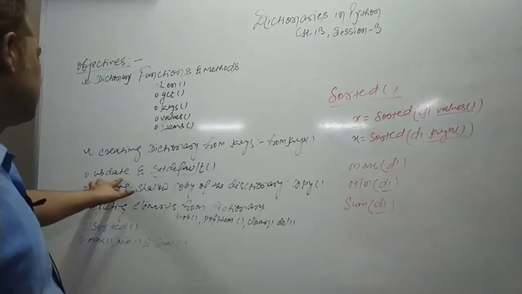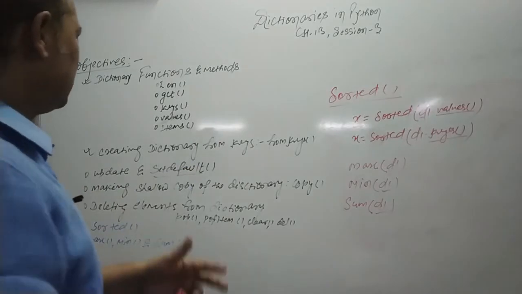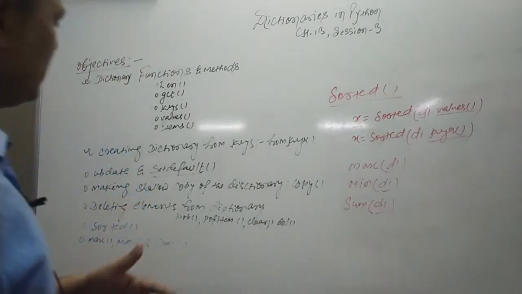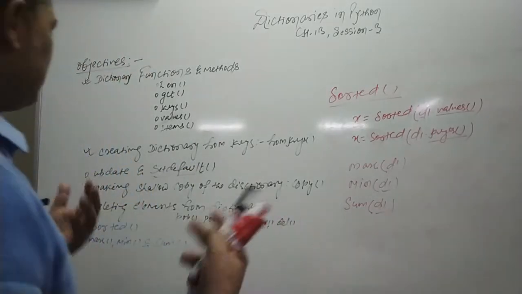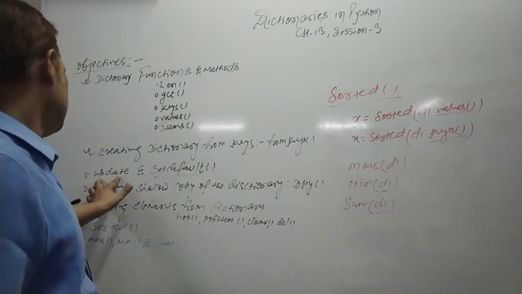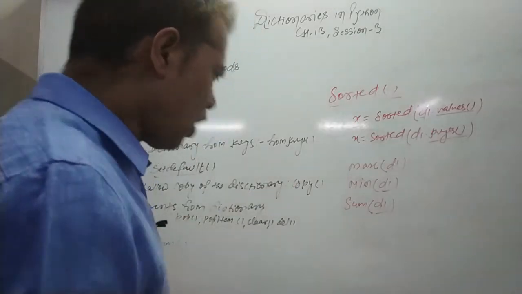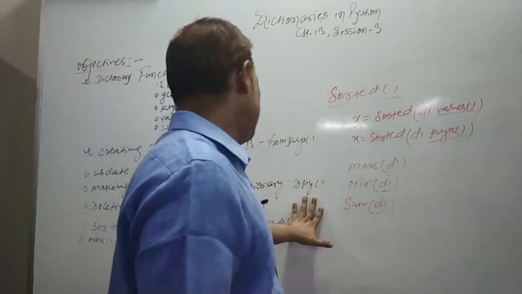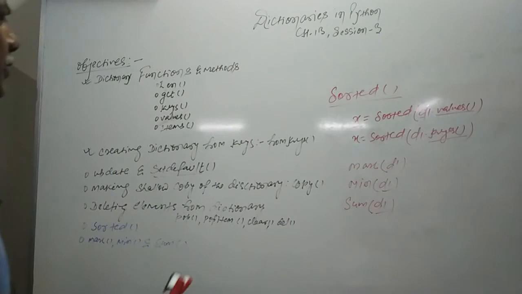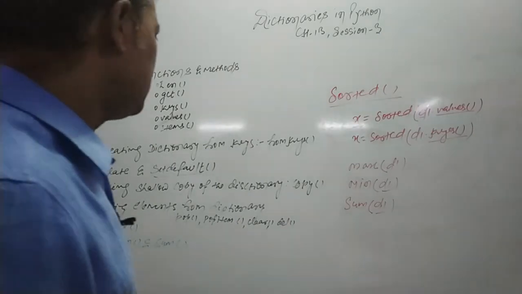Now the update method simply updates a particular dictionary with some other dictionary. So you can use d1.update(d2). It means d1 is going to be updated with d2. Making a copy of the dictionary: with the copy method, simply you can say d2 equal to d1.copy. d2 will be created like a replica of d1.